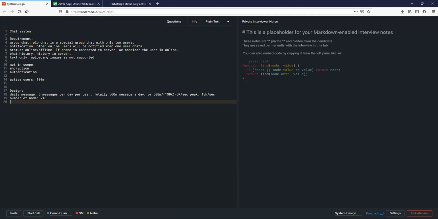All right, and what else do we have? This is the scale of the system, and then storage capacity. Yeah, you're right. We have 5 million messages per day.